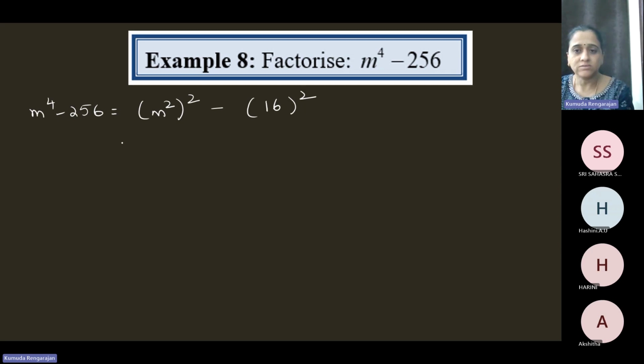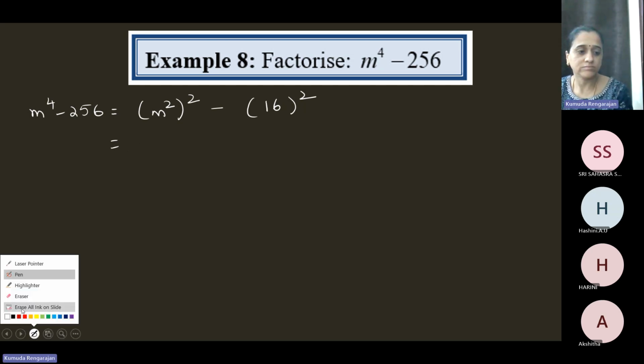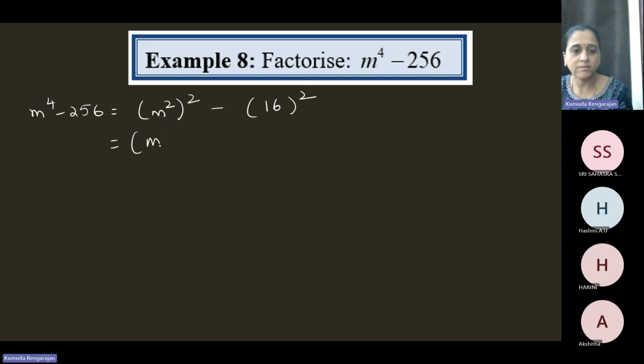So the identity is a squared minus b squared is a plus b into a minus b. What is a here? A is m squared.